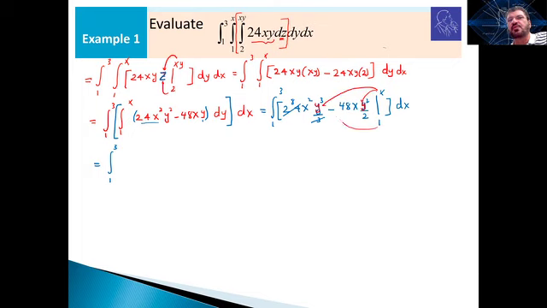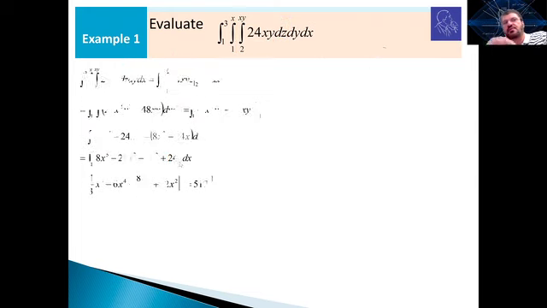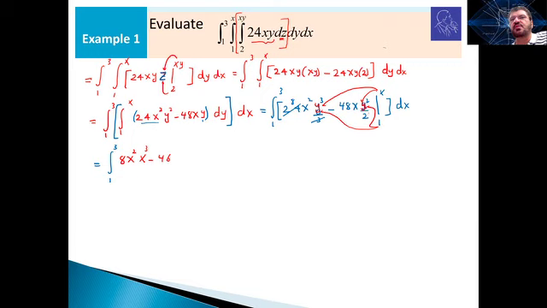Then we replace it with 1, and here with 1. So this is equal to, this one actually we said is 8. So this is 8x squared. Now I'm going to replace y with x. So this is x cubed minus, now this one with this one is actually 24. So this is 24.